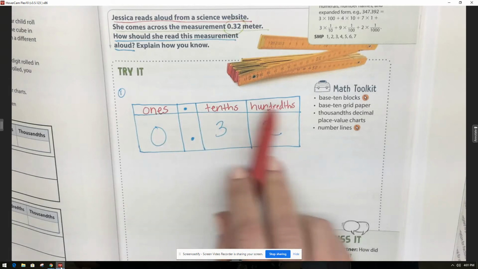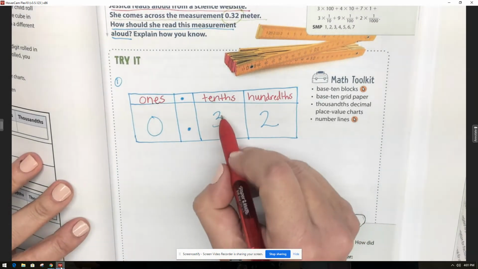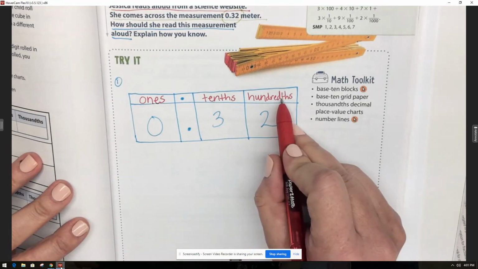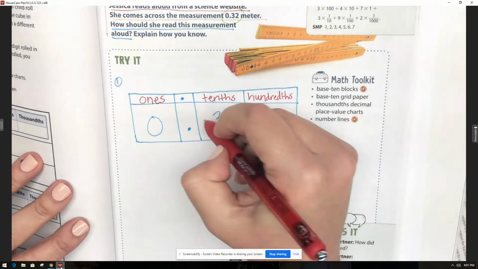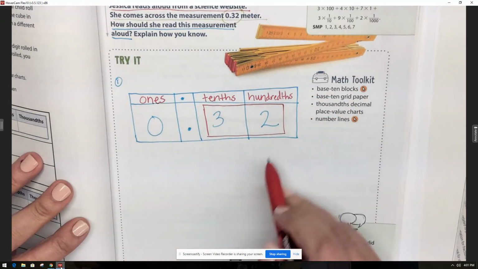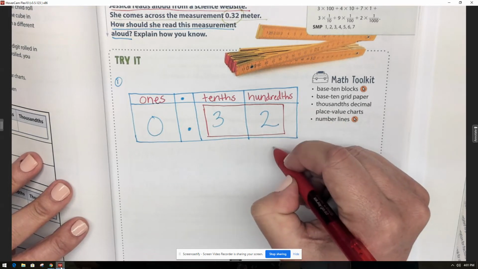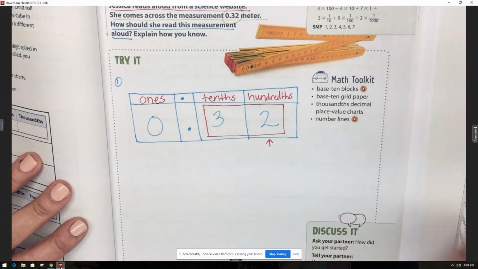So if we look at it this way, we see that we have a 3 in the tenths and a 2 in the hundredths. I like to think of these 2 numbers together. And then I look to see what is the smallest place value that we have available. In this case, it's the hundredths.